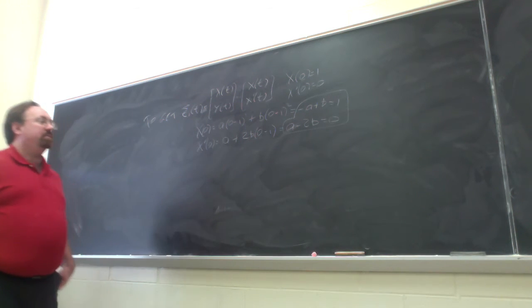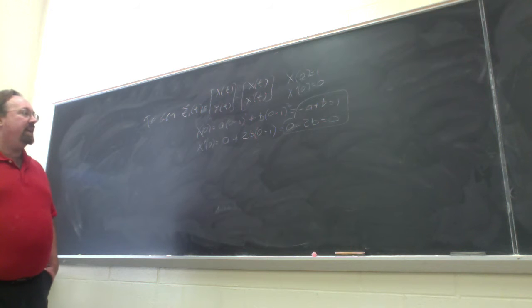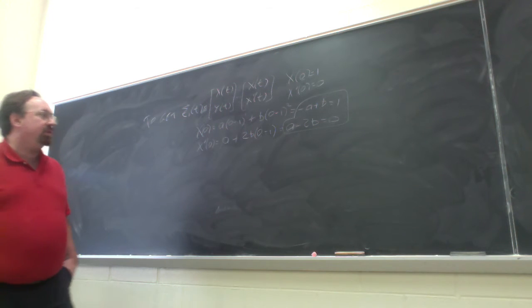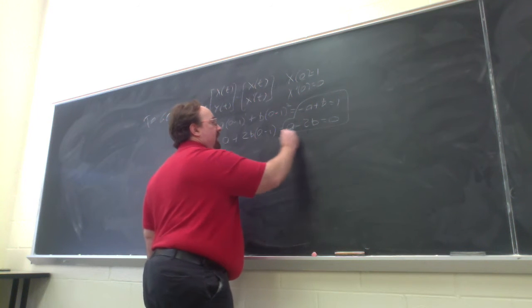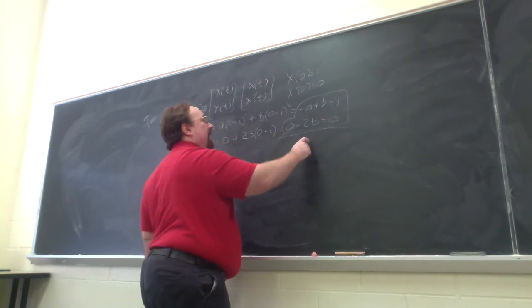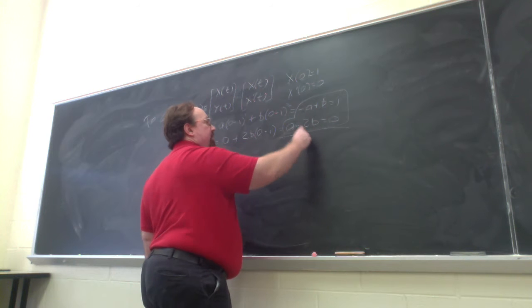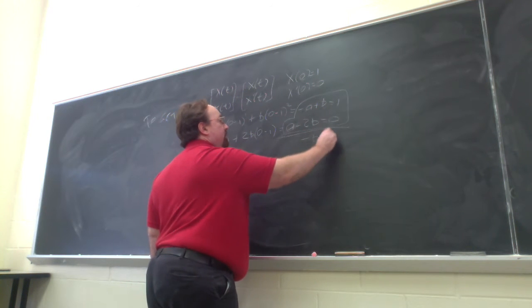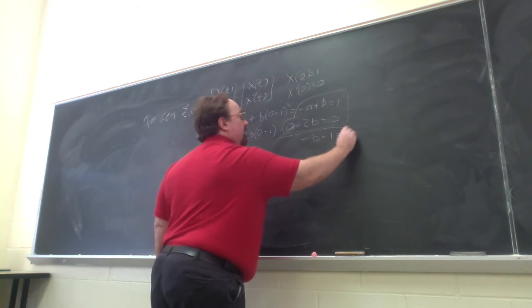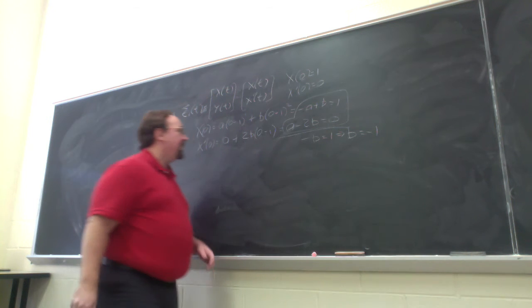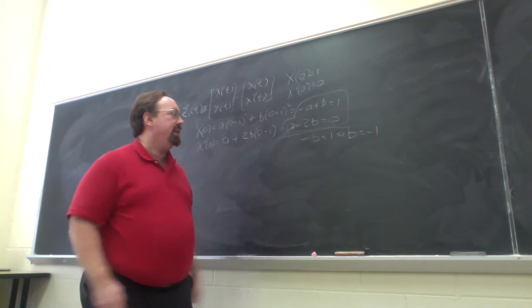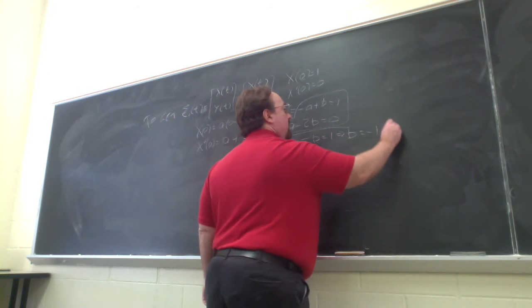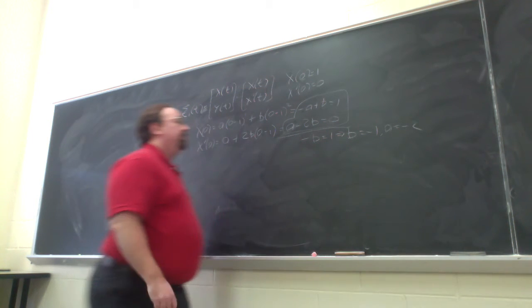If we go ahead and add the equations, the a's cancel out, and the b's combine, so we have b minus 2b. So minus b is equal to 1, so b is minus 1. And then the second equation says a is equal to 2b, so a is equal to minus 2.